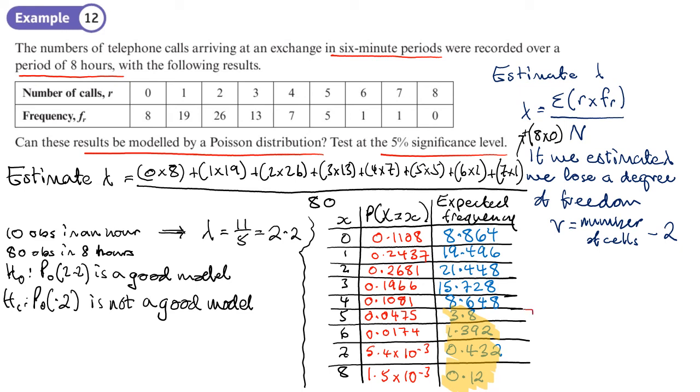So if we combine these here, then we actually get an expected frequency of 5.744, which means I'm combining basically 5 or more here, and if I'm combining those, it means that when I do my calculation, I need to combine these to give me a frequency of 7.